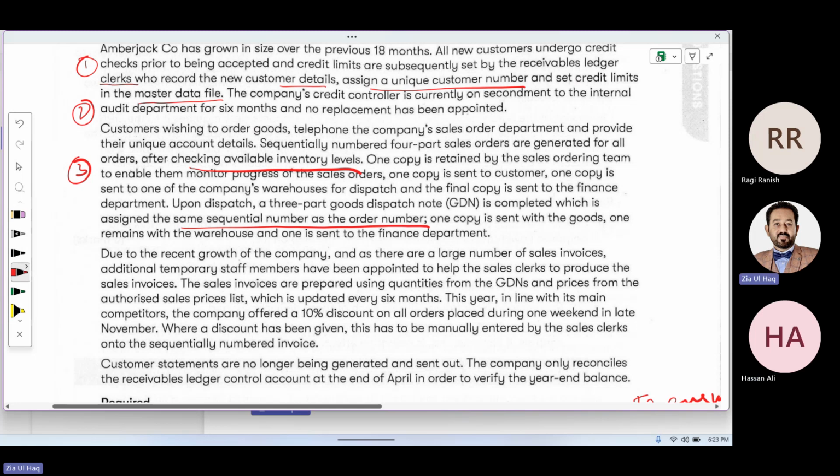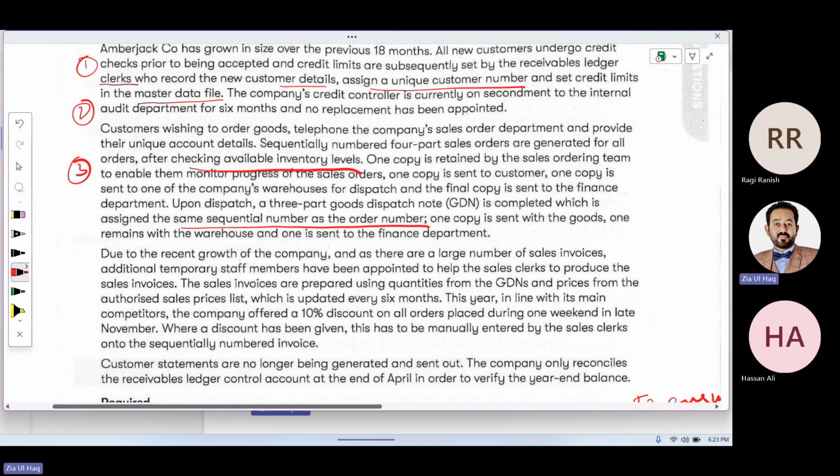Sometimes you deliver half the goods now and the remaining half after production. So there are two GDNs while the order was one, and now you are preparing two GDNs with the same number. Otherwise, there could be a problem.